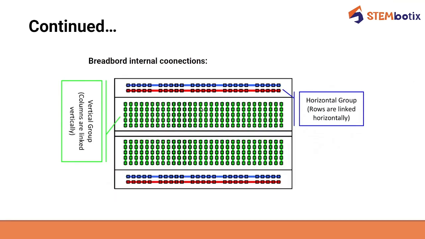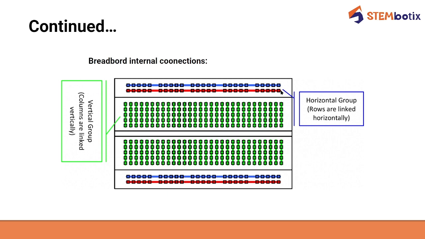This is a breadboard's representation of how the breadboard's internal terminals are connected. From the uppermost part and the lowermost part, the positive sign from here to the positive sign here, the entire row is connected internally.